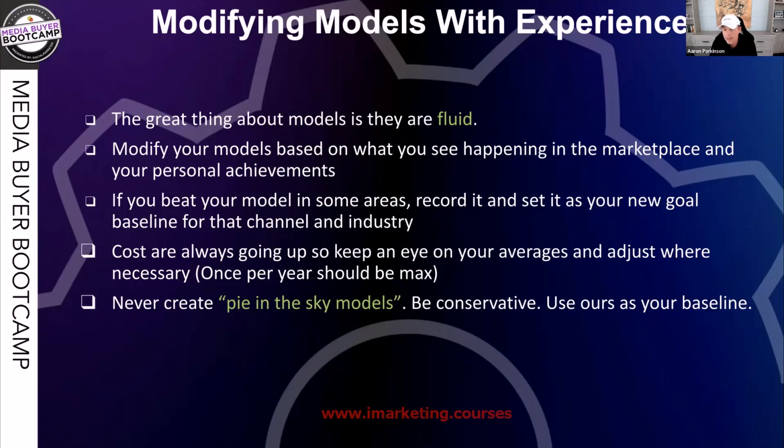Now, what I mean by that is if I look at all 50 clients right now, I can find one landing page, for example, that has an 87% opt-in rate. If you now set the baseline at 87% for landing page opt-ins for all your clients, you're going to fall short a lot.